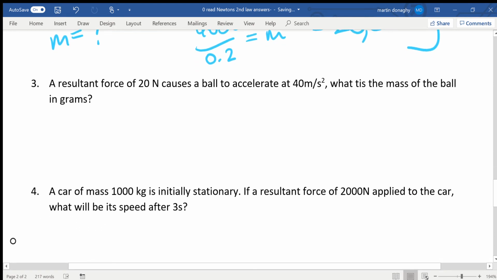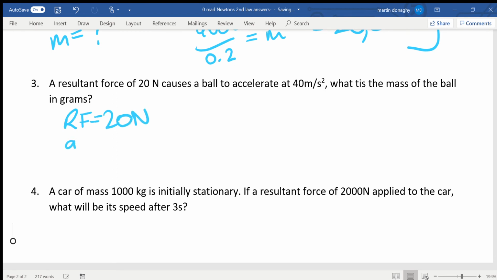Question 3 says there's a resultant force of 20 newtons, which causes a ball to accelerate at 40 meters per second squared. What I should say is, find the mass of the ball, but it wants it in grams. Now, our equation doesn't deal with grams, so we can't deal with that at this moment in time.